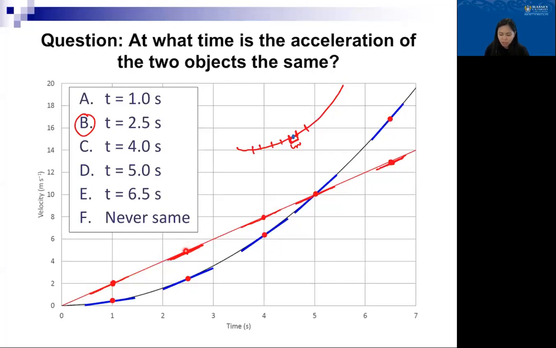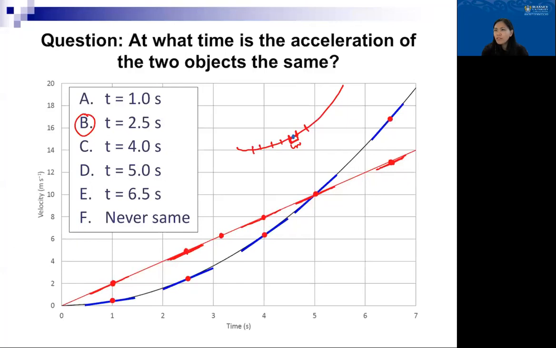The tangent at 2.5 seconds overlaps with the straight line, and all throughout this straight line, the tangent overlaps. So if you have a straight line graph and you want to find the instantaneous acceleration at any point, then you can just get the slope of this straight line graph at any point, which means that you have an instantaneous acceleration that's the same all throughout the journey. That means that your acceleration is constant. It's the same if you have a straight line graph.